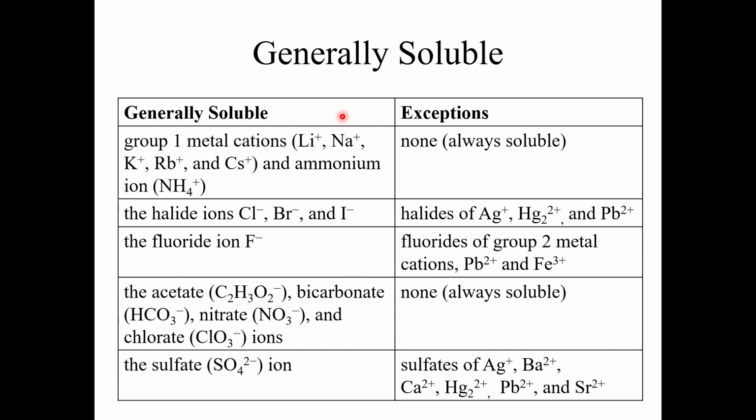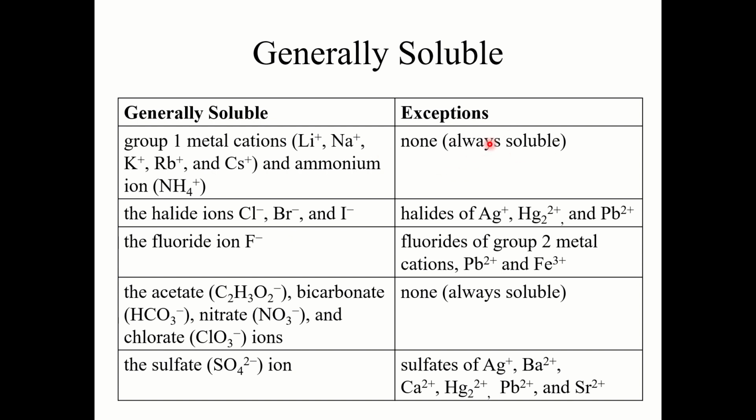Okay, so this is what these rules look like. There are two pages. The first page are those ions, I should say, that are generally soluble. So how this works is you look at your ionic compound, and if your ionic compound contains any of these ions, it is always soluble. So if your compound contains a group 1 metal cation, like lithium, sodium, potassium, rubidium, or cesium, or if it contains the ammonium cation, which is NH4+, that ionic compound will always be soluble.